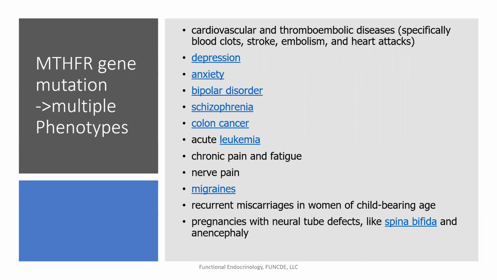And usually, the higher the homocysteine level, the higher the chance of having those effects. Plus, it can affect mood: depression, anxiety, bipolar, schizophrenia. It has a big role in colon cancer, leukemia, chronic pain, fatigue, nerve pain, migraines, recurrent miscarriages, and pregnancies with neural tube defects like spina bifida, anencephaly, and so on.